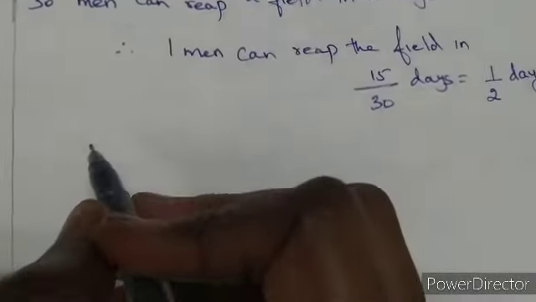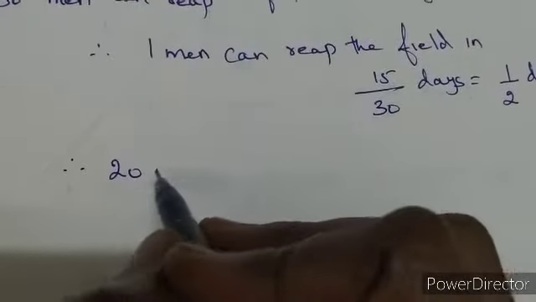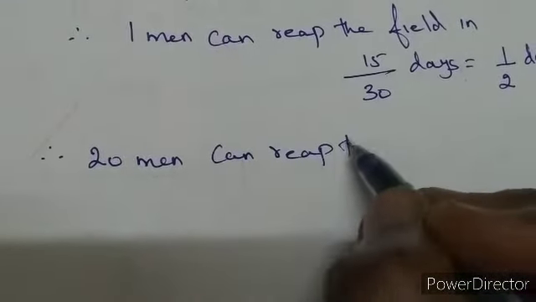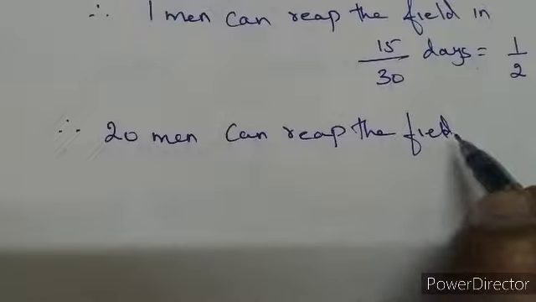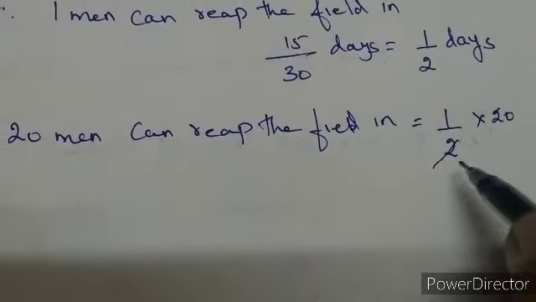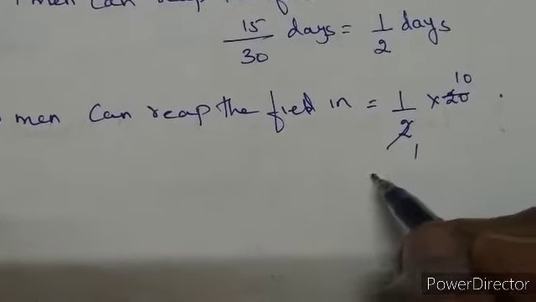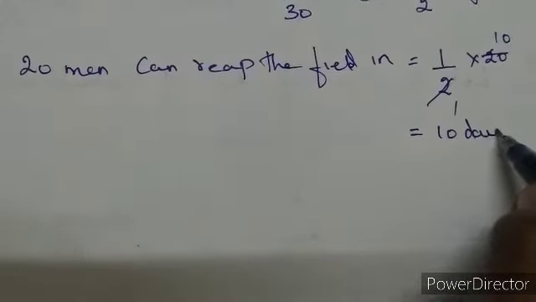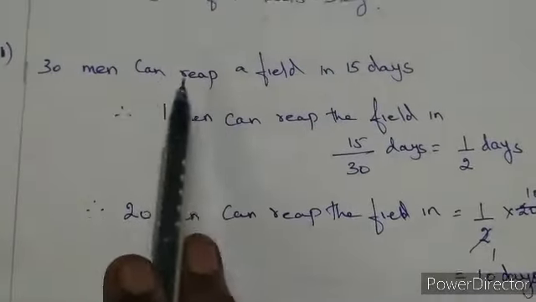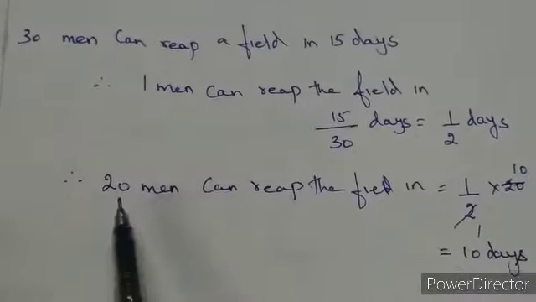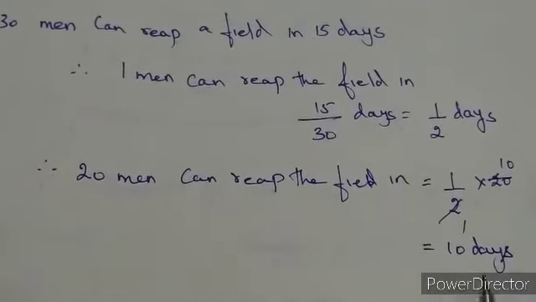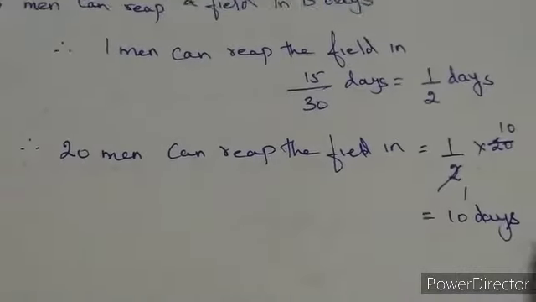Therefore, 20 men can reap the field in 1 by 2 into 20, which is equal to 10 days. So 30 men can reap the field in 15 days, and 20 men can reap the field in 10 days.